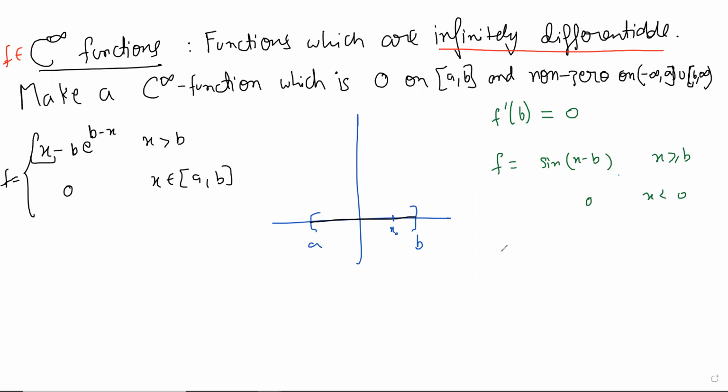So certainly we can say that f dash b exists and it is 0. But where is the problem? Can anybody point? This will not work, but we should see why it does not work. Then only we can say, right?